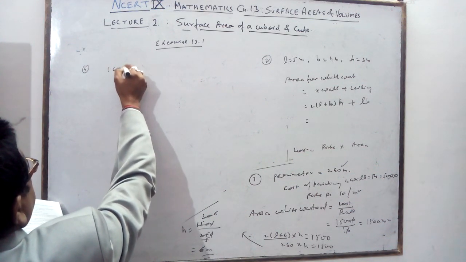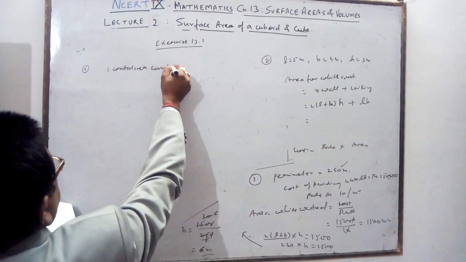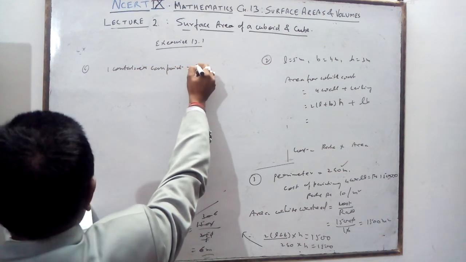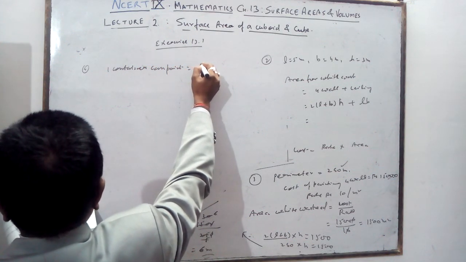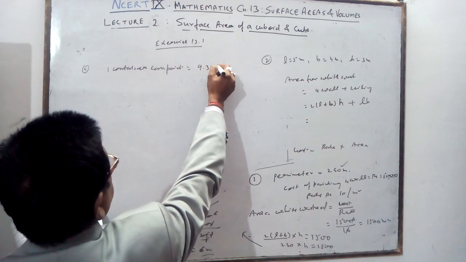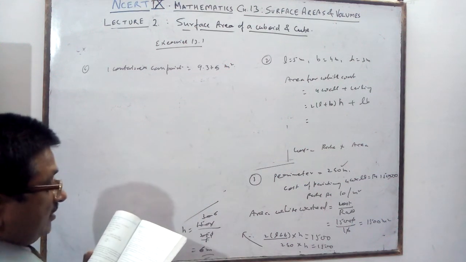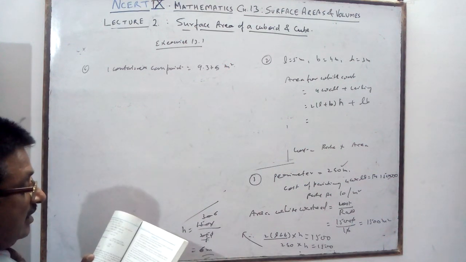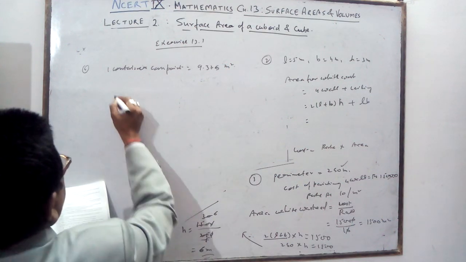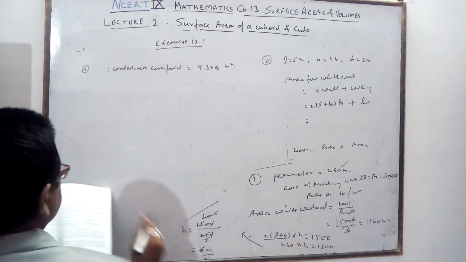One container can paint 9.375 meter square. How many bricks of a given dimension can be painted out of this container?